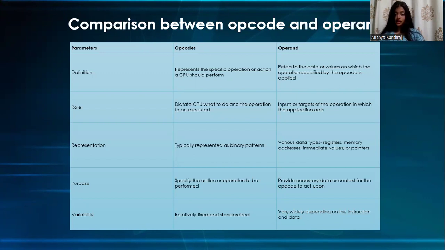So it goes hand in hand. Then coming to variability as a parameter, opcodes are relatively fixed and standardized, and operands vary widely depending on the instruction and the data.